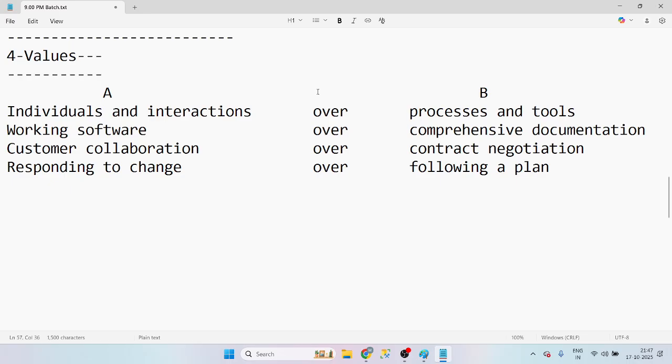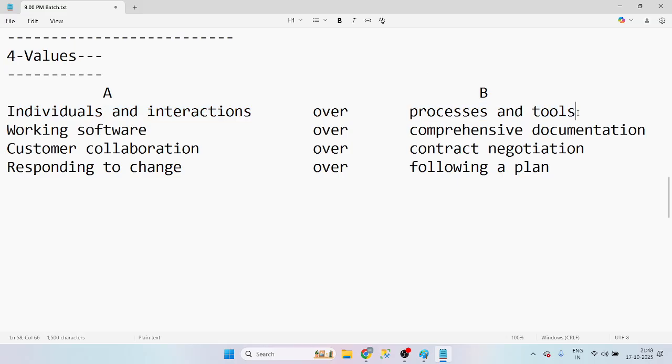See, A is greater than B, just for an example. But coming to agile values, what we are saying is A over B. In the sense, we are giving more priority to A than B. Why, Manoj?